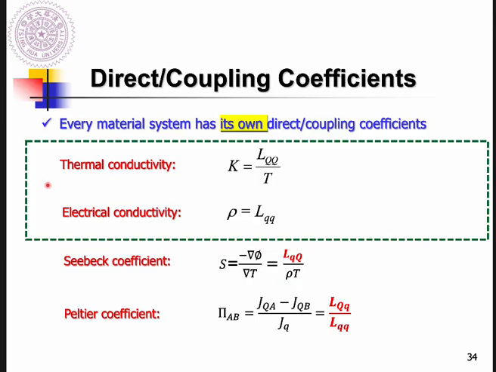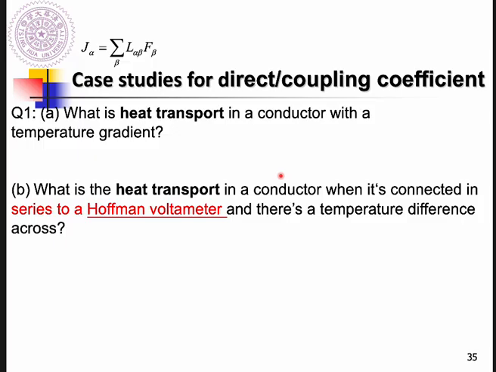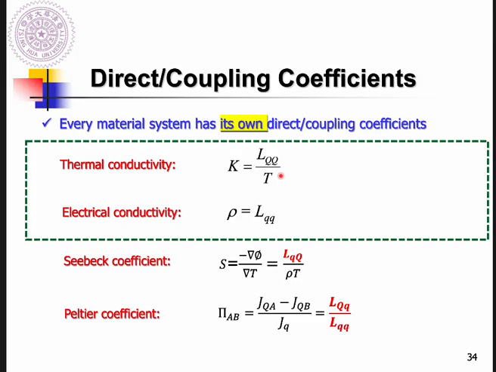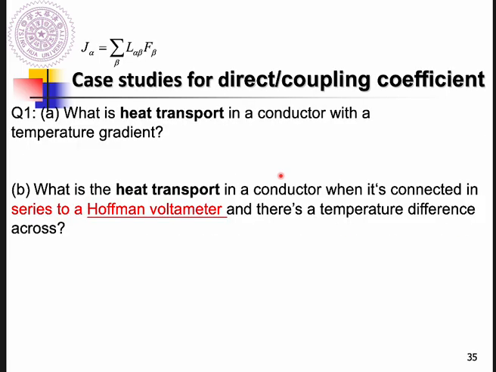So the first one will be the thermal conductivity part. And besides the derivation, I also want to give you some hints or ideas on how to measure the real intrinsic thermal conductivity of your materials.